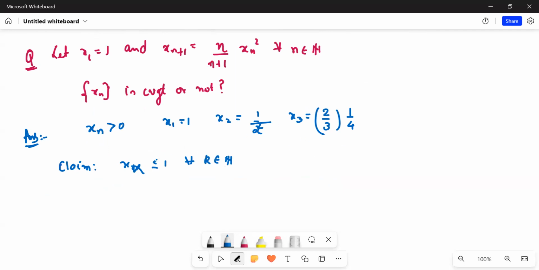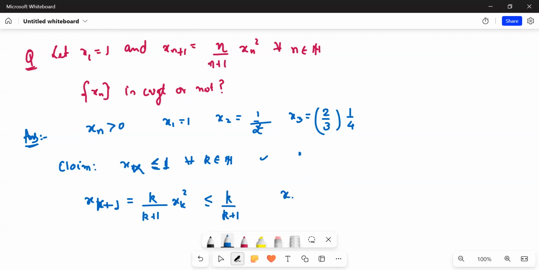Now, this is my claim. It is true for 1, clearly, since x1 is equal to 1. We want to prove it for k plus 1. So xk plus 1 would be k upon k plus 1 times xk whole square, and I know xk is less than or equal to 1, so this would be less than or equal to k upon k plus 1.